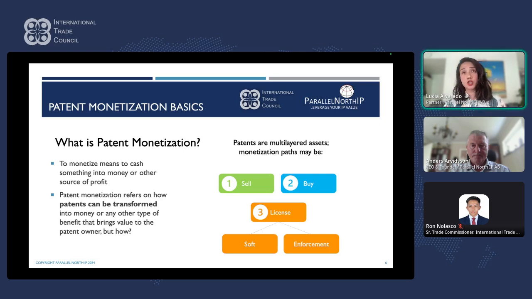You can do soft licensing, meaning that you do it without litigation, or you do it with enforcement. As the word says, you put some force to it, and then there is litigation. Litigation is prevalent in the field of patent monetization, as you will see in further slides.